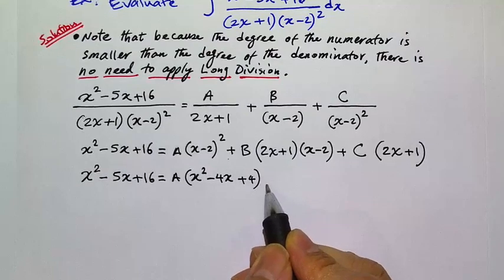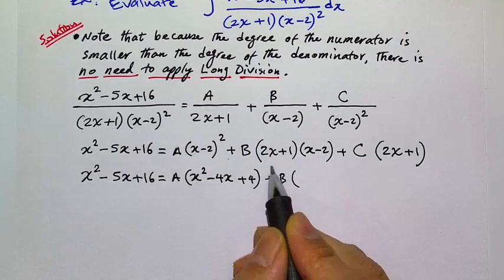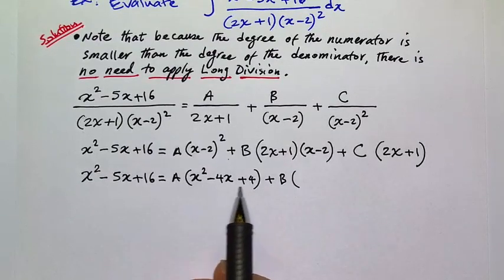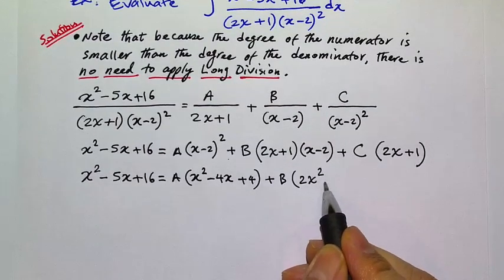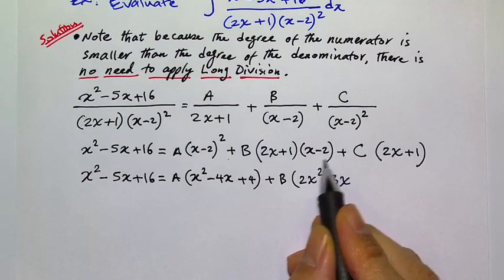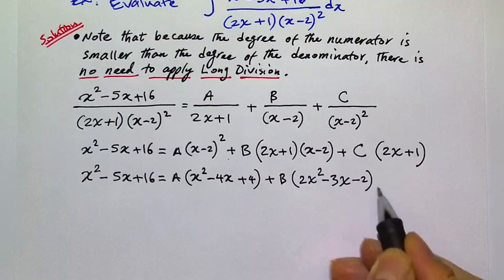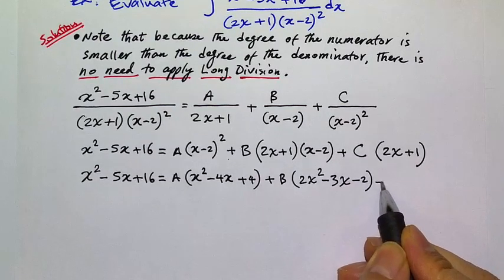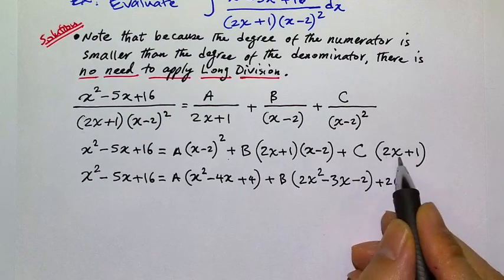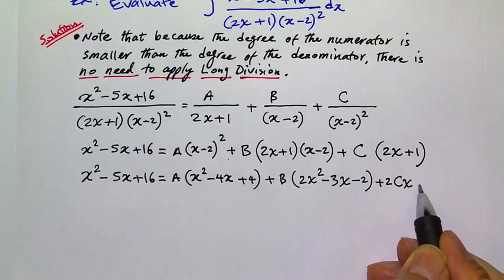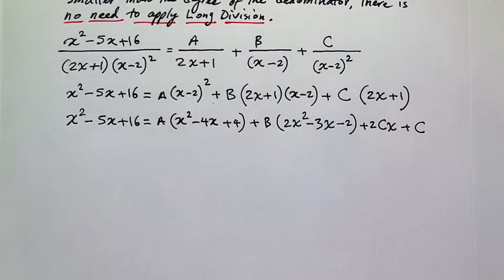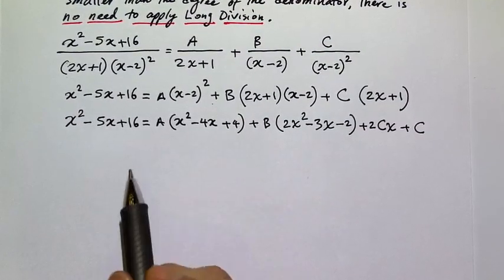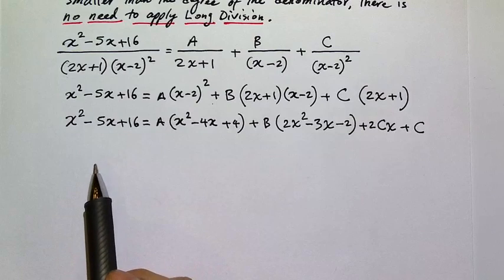That's that. And then, just double checking this, 2x squared minus 4x and plus x will give us minus 3x minus 2, plus 2cx plus c. Okay. Then let's see.